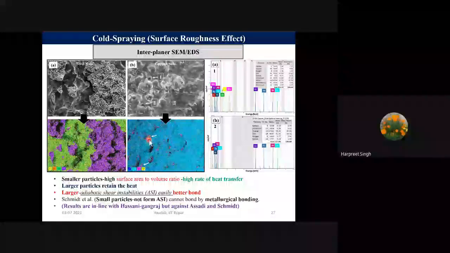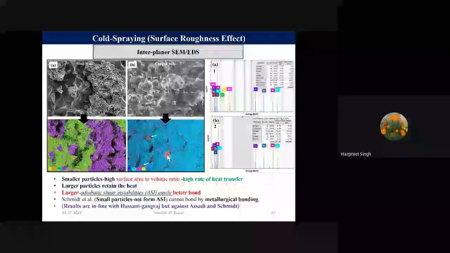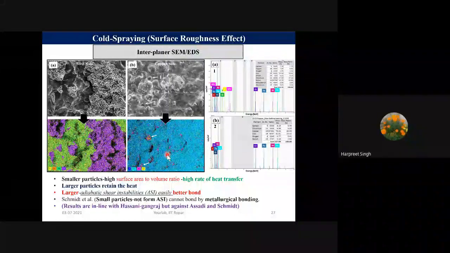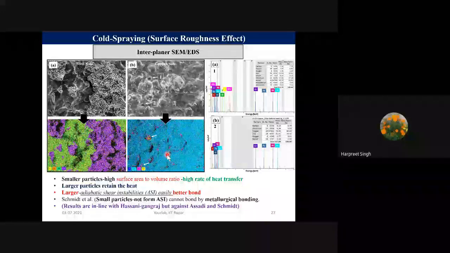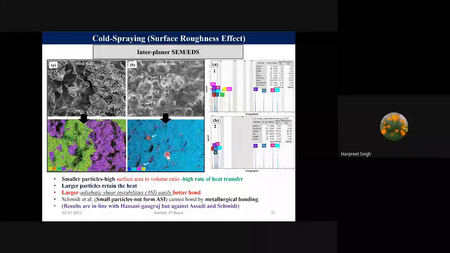So a lot of indications of metallurgical bonding, of jet formation, and so on. So here again, this is just for extension, that a lot of groups are arguing about what is happening. Smith and Gangraj and Hassani.